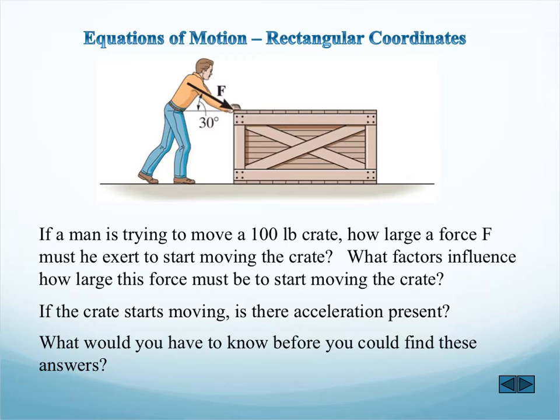And so in this type of problem, the guy is pushing the crate, and we want to know how hard he has to push it to make it move. And so we might start off by looking at the forces that are acting on the crate. We have the normal force, we have the weight, mg. We also have his applied force, and then also we have the frictional force, which is its coefficient of friction times the normal force. And then we would look at the forces in the x direction. Are they unbalanced so that I have an x acceleration?